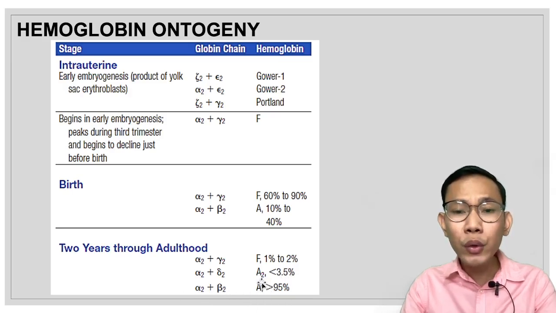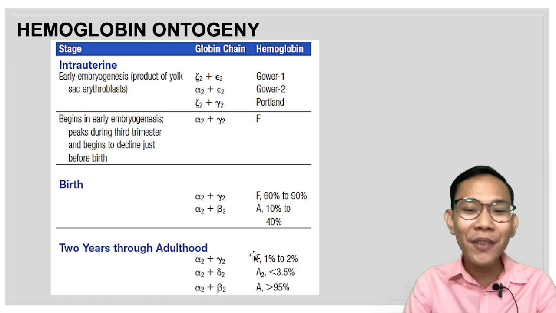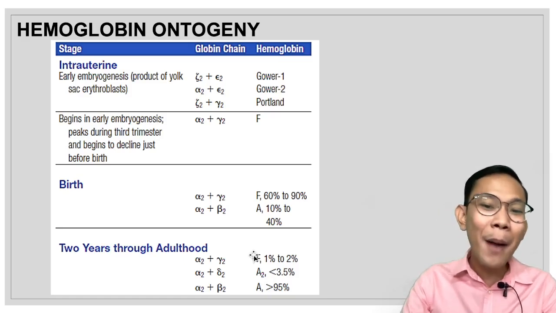And also, there is hemoglobin A2, which is less than 3.5%, composed of your alpha 2 and your delta 2. And lastly, a little percentage of 1% to 2%, which is your hemoglobin F. Ano ang hemoglobin F? Alpha 2 and gamma 2.